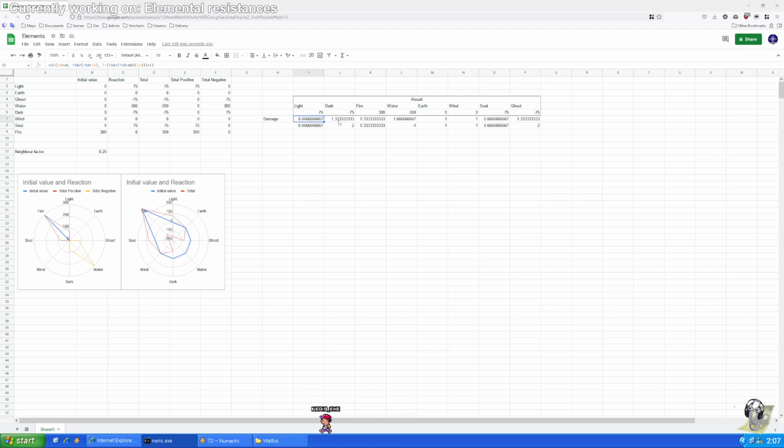I can't come up with the formula. So instead of this factor, I need to convert this factor to basically a multiplier.